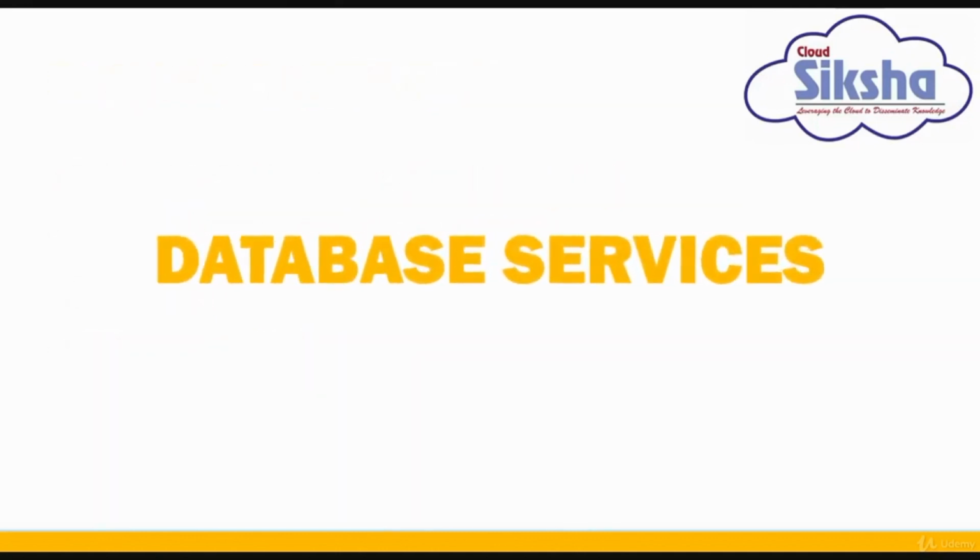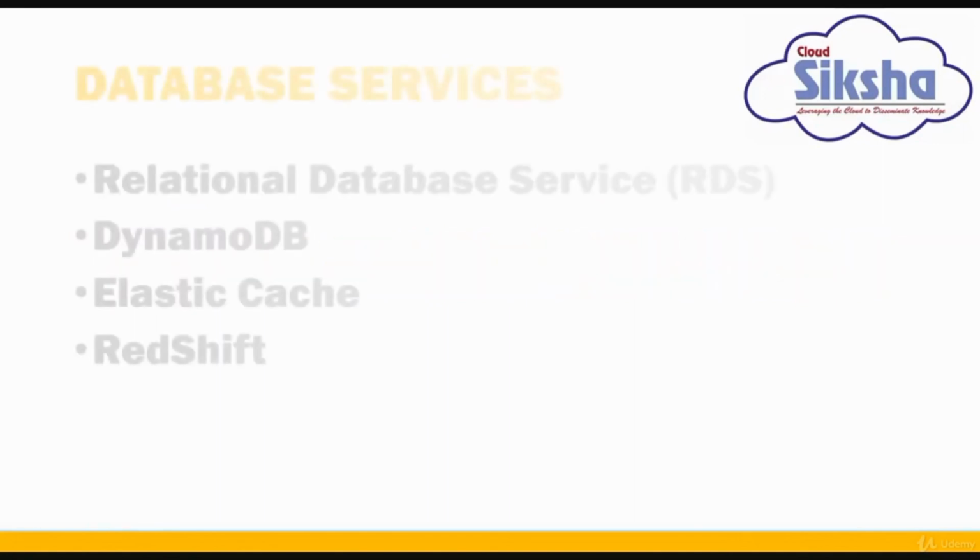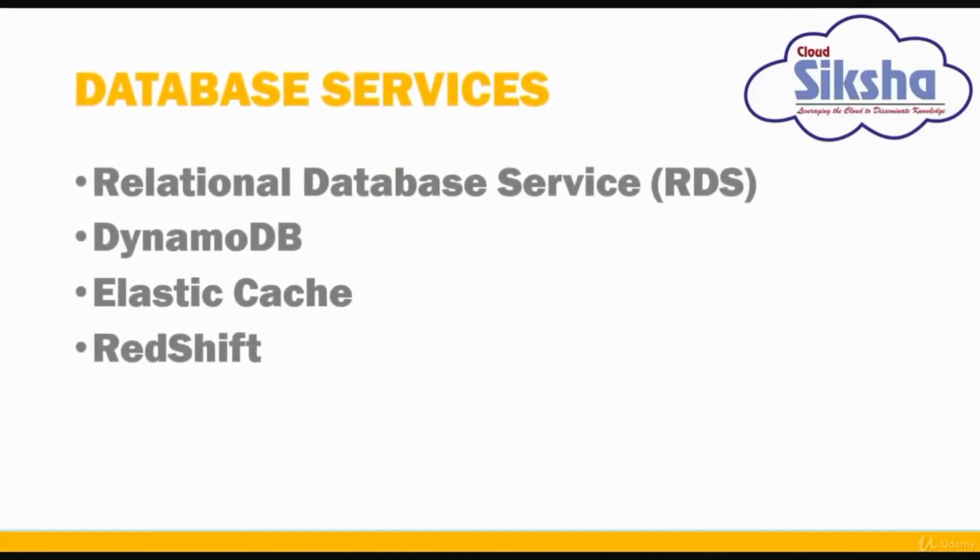The next service that we are looking at is the database service. In the database services, the Relational Database Service, called RDS, is a very important service. RDS sets up and operates a relational database in the cloud for you.